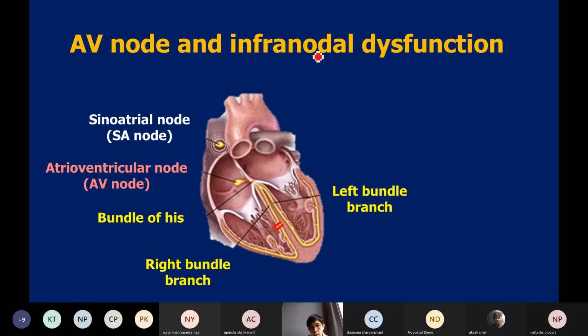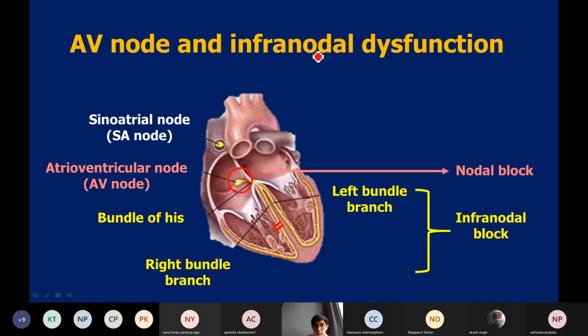So the next thing about the AV nodal dysfunction is that we have to see which level of AV nodal block he has. He has the AV nodal block inside the AV node itself, or he has a block below the AV node, in the bundle of His, or he has both right bundle branch block and bundle of His block, or left bundle branch block plus bundle of His block.